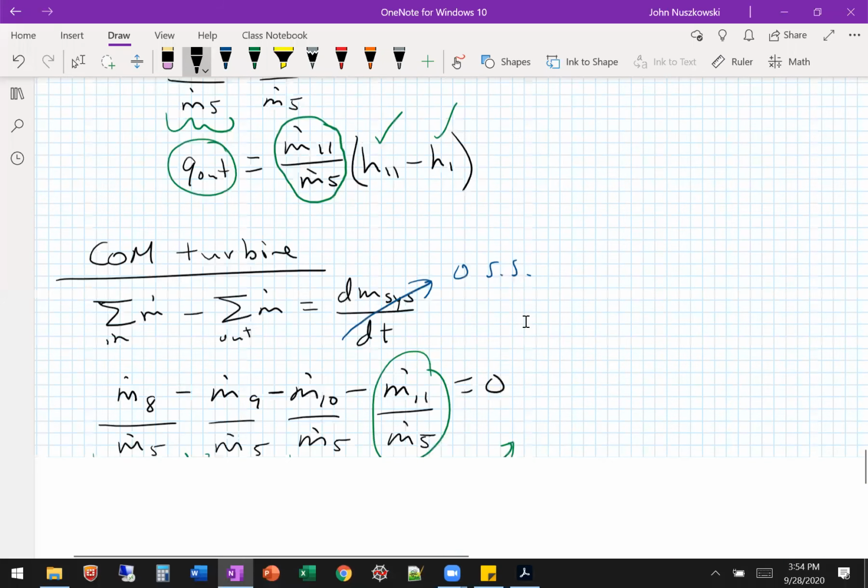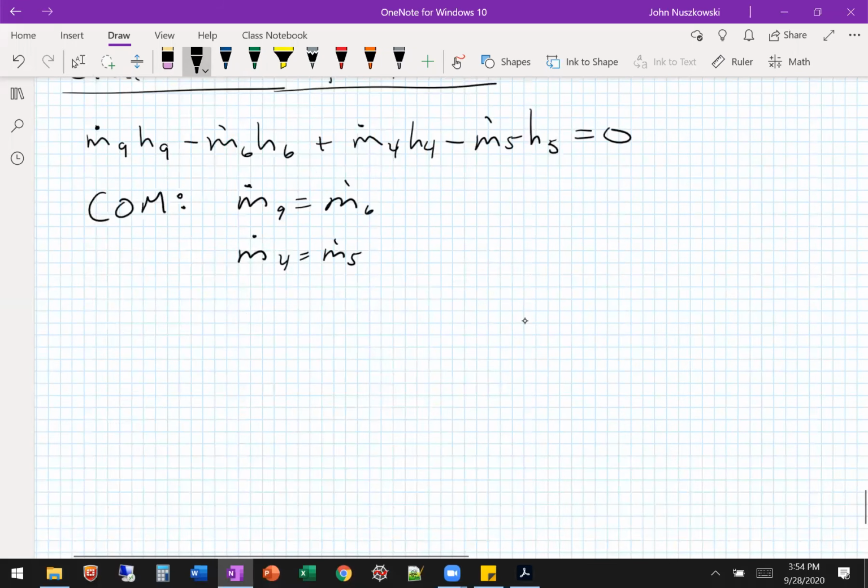So 9 is 6, and that's equal to 7. 4, 5, we have 8, and we also have 3 the same. Well, we only need these two for this part, because that's what's in our conservation of energy.